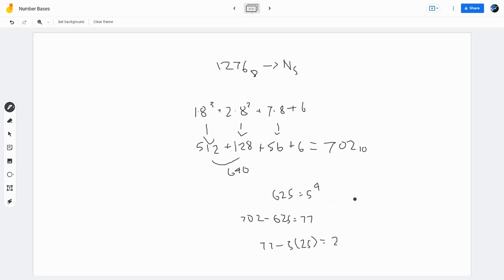So first of all, we already have 1 for 5 to the 4th. We know there's 5 places here. This is a 0 for 5 to the 3rd, and we know there's 3 of 5 squared. And there's 0 of 5 to the 1st. We don't have any 5s that fit in here, right? And finally, we have 2. So our answer is just going to equal 10302 base 5.